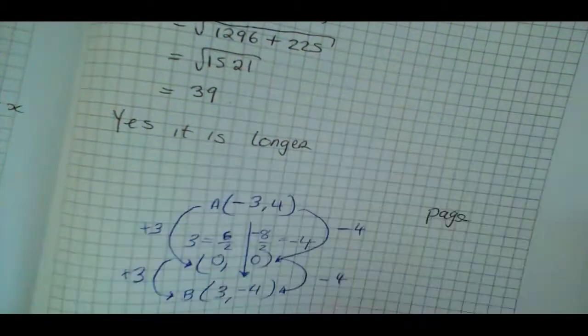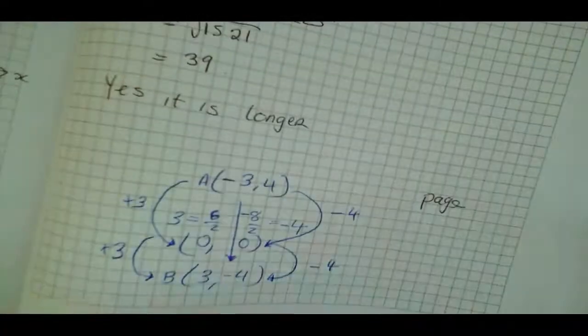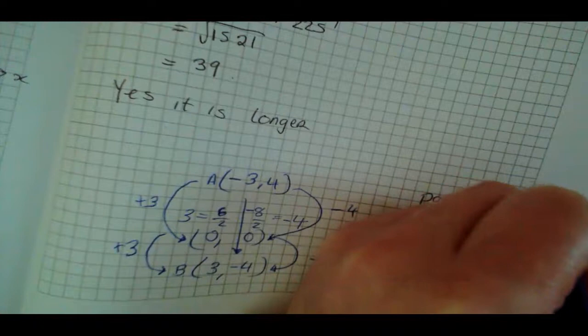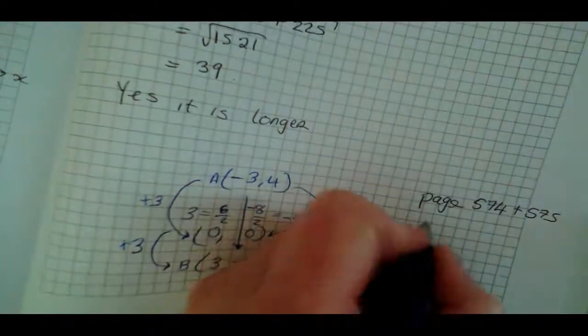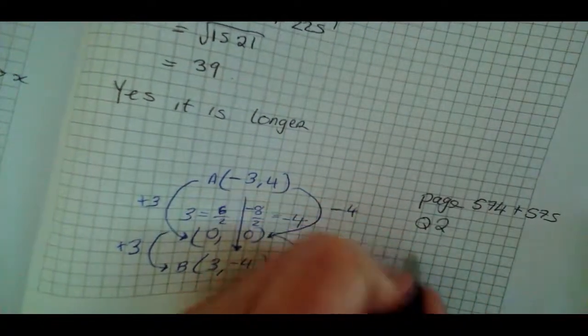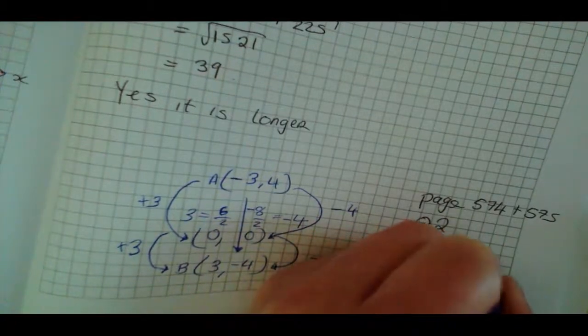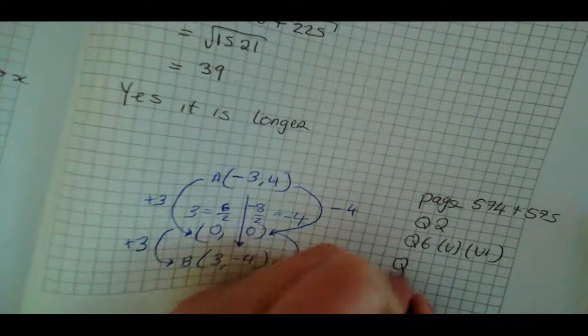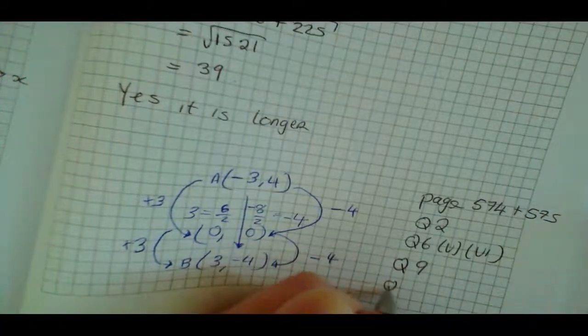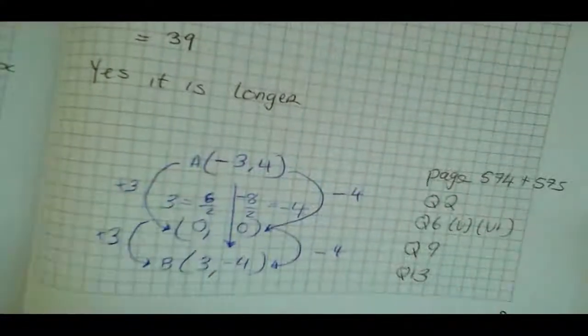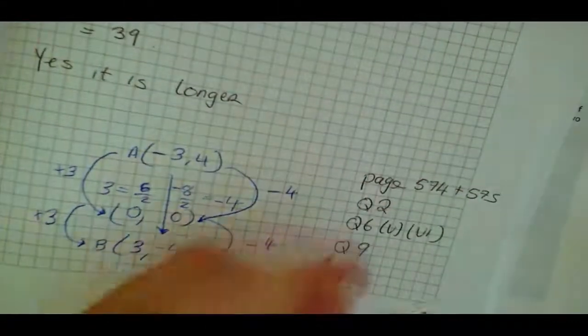So what I want you to do now for homework, and we started these in class today, so anyone missing, we did start them in class today. So it's on page 574 and 575, question 2, question 6, part 5 and 6, question 9, and question 13. Okay, so we did start those in class, and it's exercise 19.1 there.